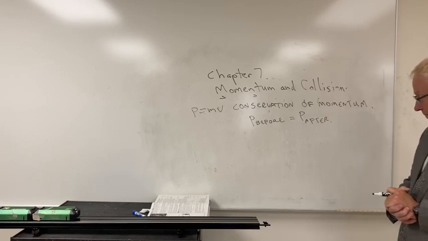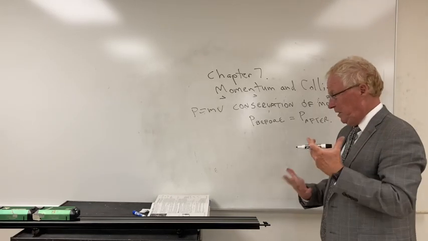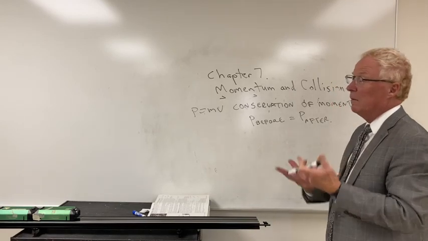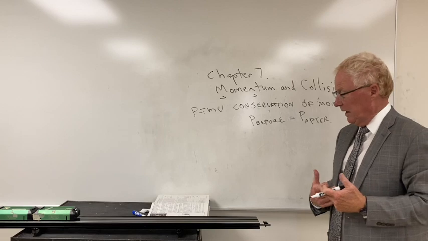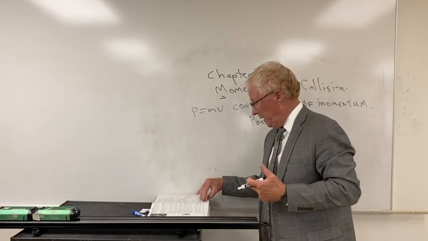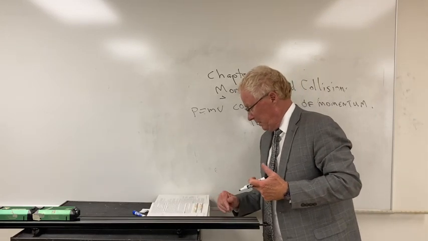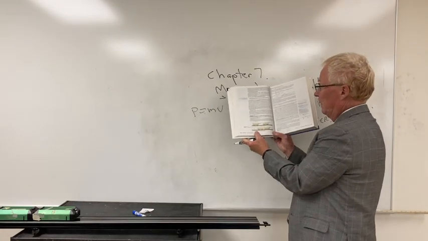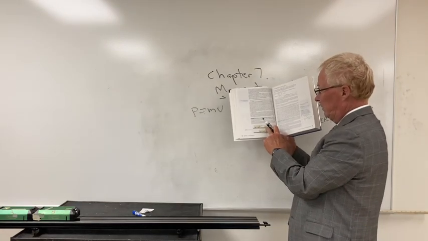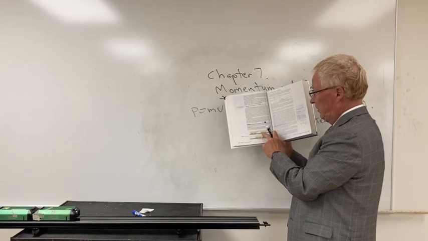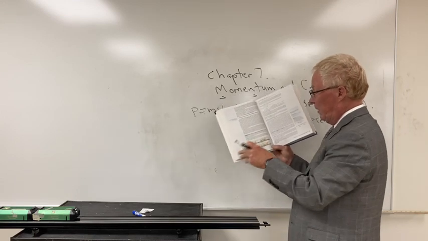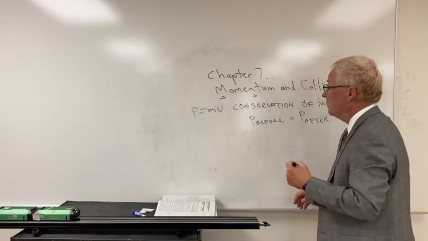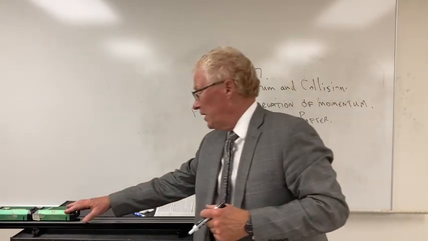So for the most part, we're going to be dealing with this chapter on a conceptual basis, except for problems related to totally inelastic. So what would this be? An example in the book is the train. If you have a train and another stationary train, they couple together and move off afterwards. What's the momentum before and afterwards? So let's take this example here.